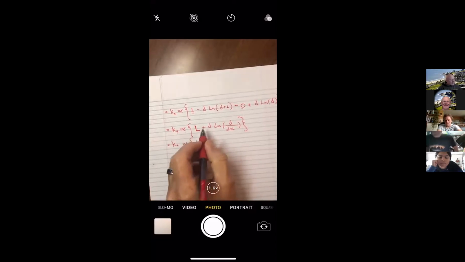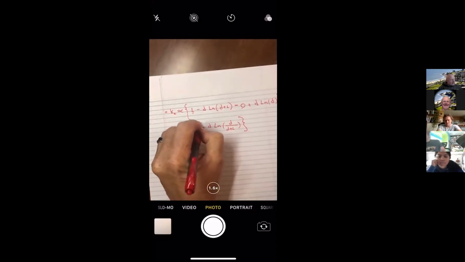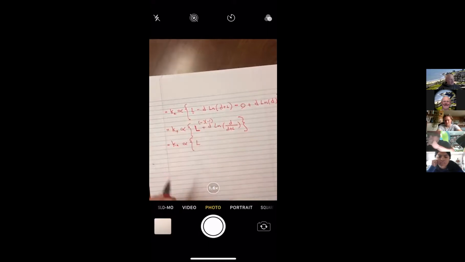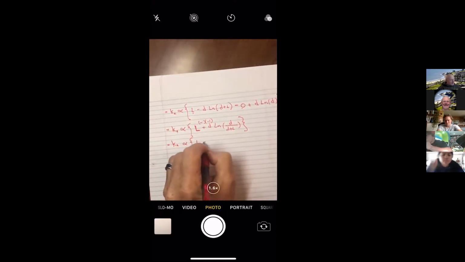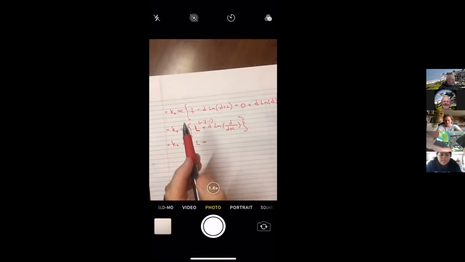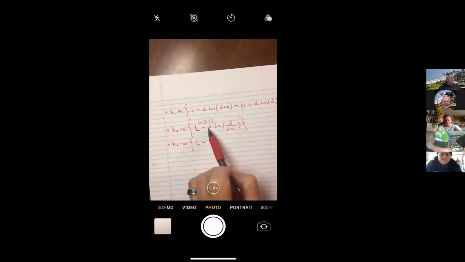So what they did is they took this plus and they thought of it as a minus times a minus. So the first minus they leave there, but another property of logarithms is anything that's out in front here can be moved to the power.